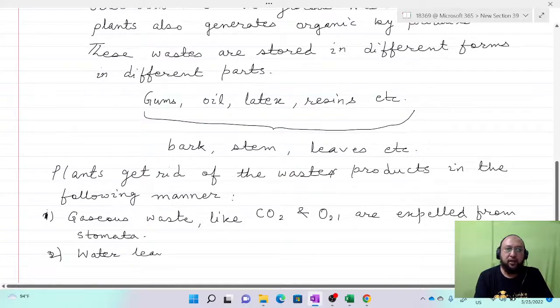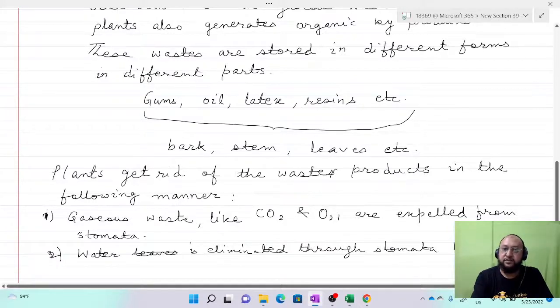Water from the leaves is eliminated through stomata by transpiration.